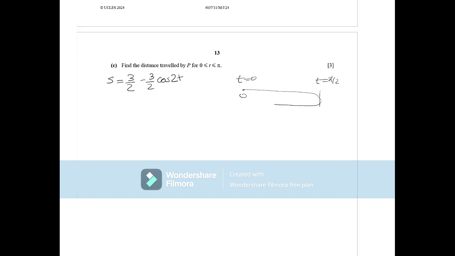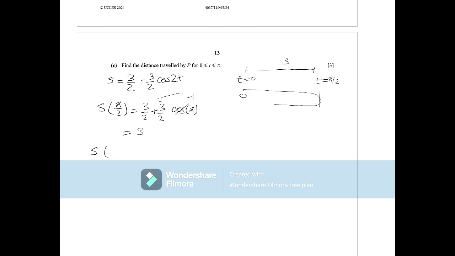Okay, so I'll just go for s of pi by 2, which would be 3 by 2 minus 3 by 2 cos pi. Now your cos pi is minus 1, so this becomes a plus, and 3 by 2 plus 3 by 2 is 3. So this distance is 3.